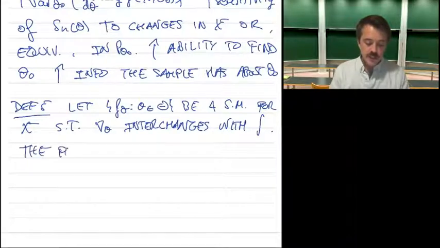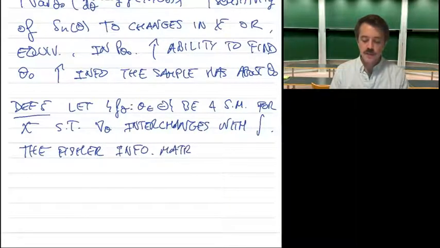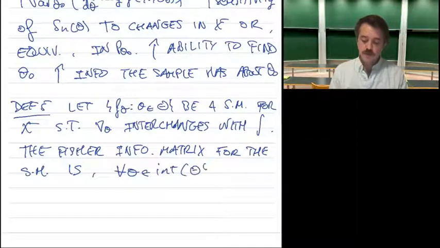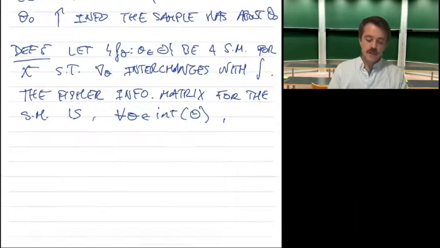Okay. So then what we can define is the Fisher information matrix. The Fisher information matrix for the model applies to any theta in the interior of the parameter space, not including the boundary, and is given by the following.